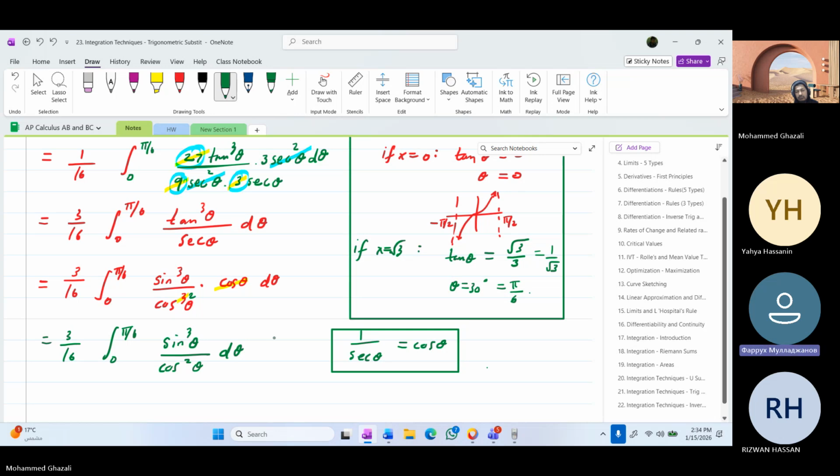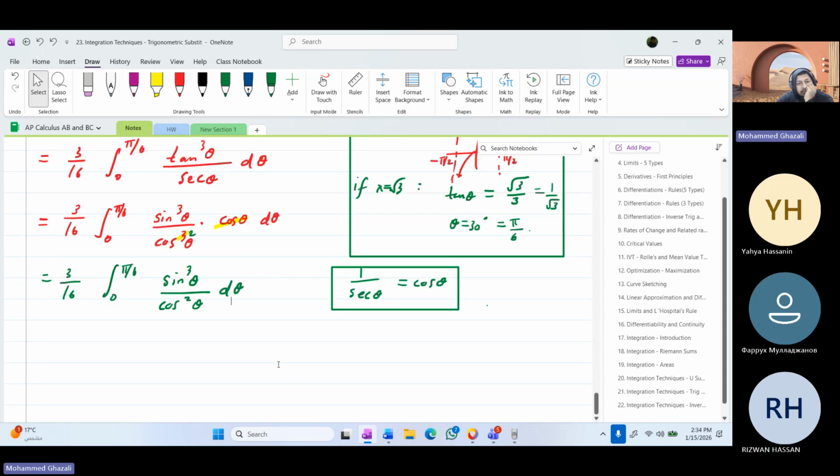We just converted it out of tan cubed, didn't we? So I was thinking we could use the identity. What identity? Sine squared plus cos squared is equal to 1. So cos squared is equal to 1 minus sine squared.